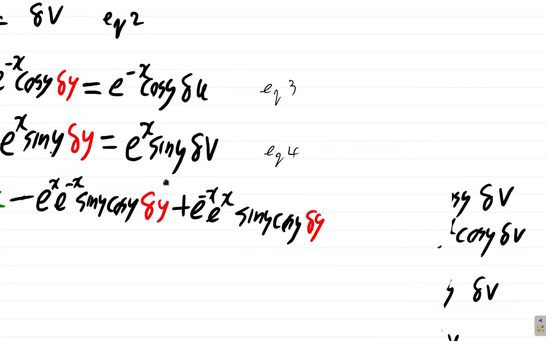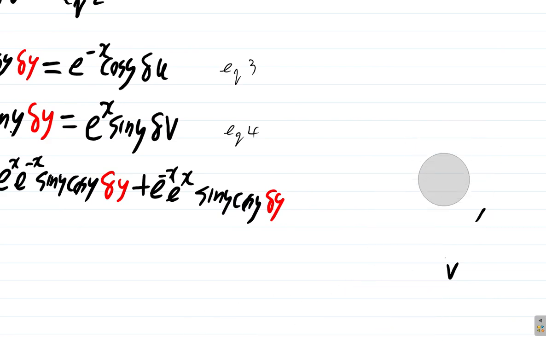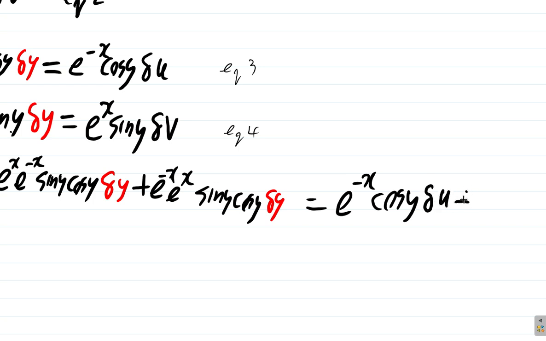Let's erase this from our previous work. This is equal to, and we'll add these. When we add these, we have e to the negative x cos y, change in u, plus e to the x sine y, change in v. Good.